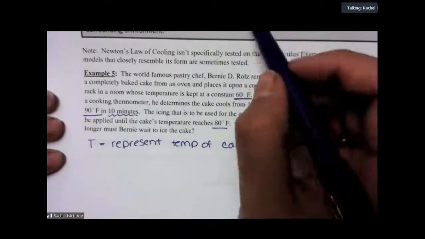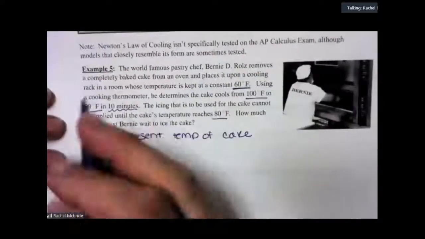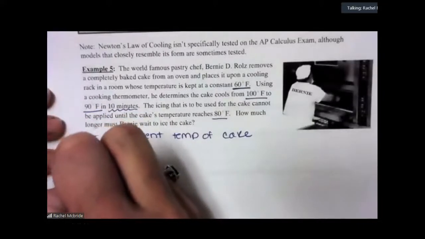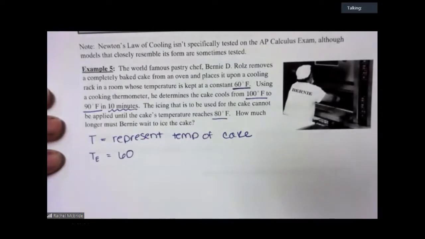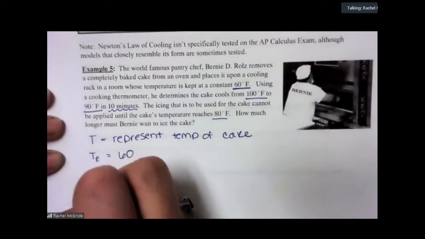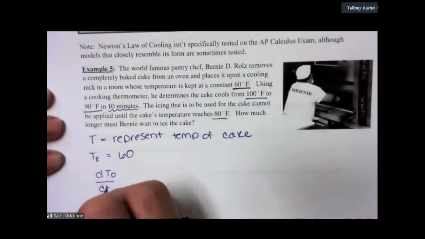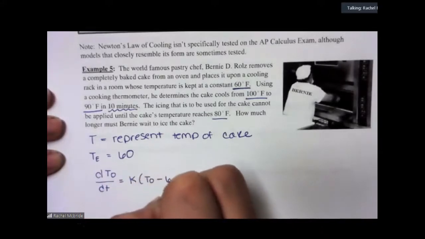And T_E is the temperature of the room. So we know that T_E is equal to 60. So plugging in everything we know to that equation, we have dT over dt equals k(T initial minus 60).